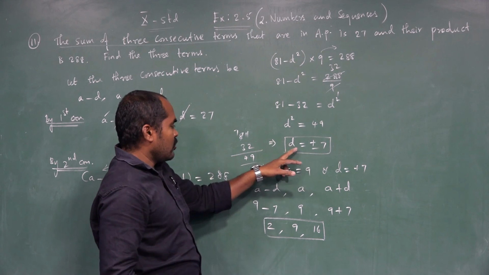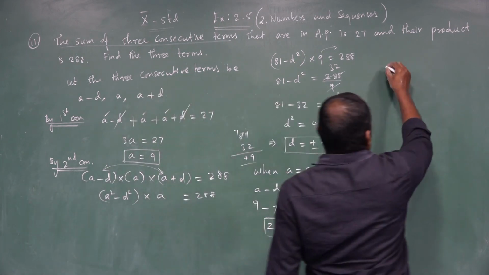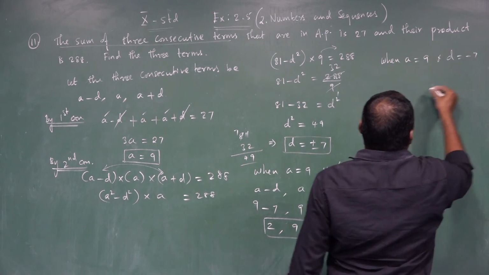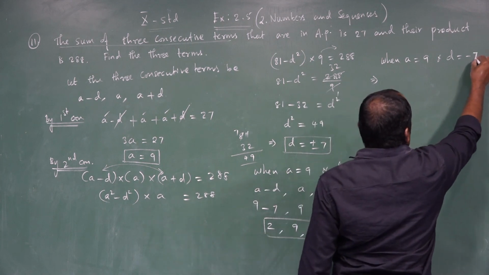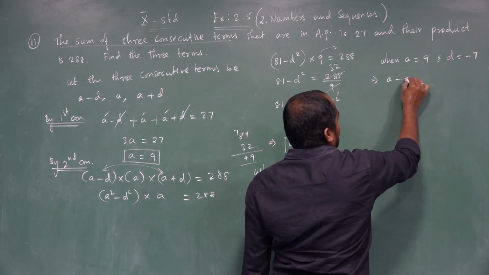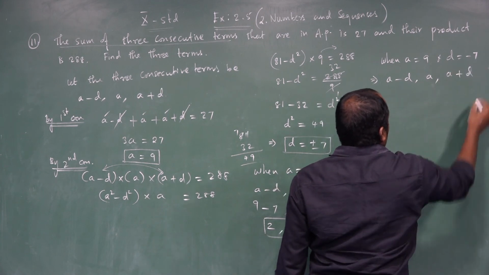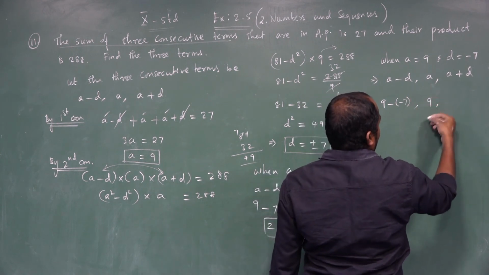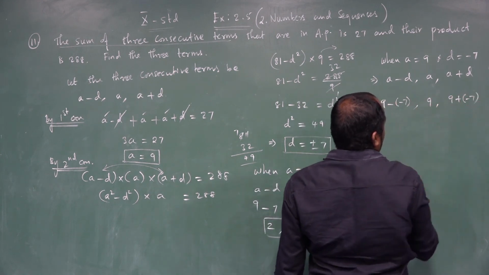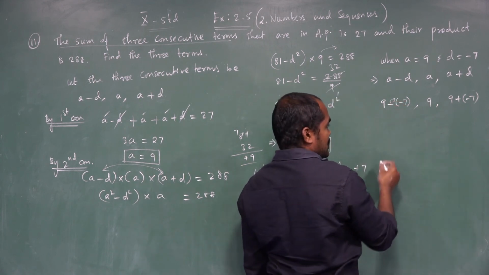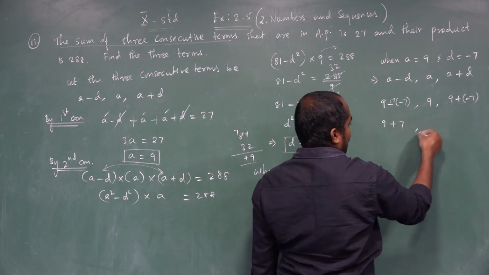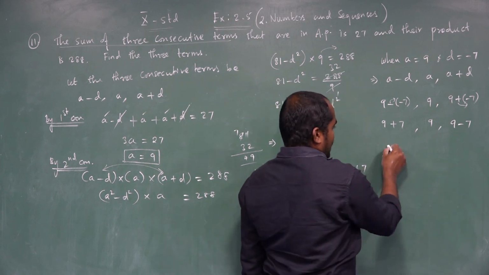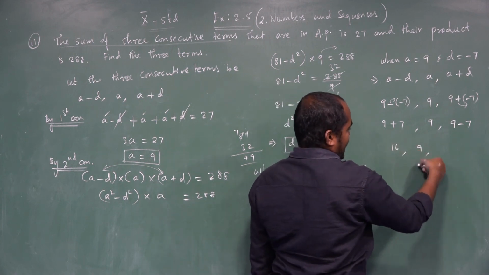Then substitute d value minus 7: 9 minus of minus 7, 9, 9 plus of minus 7. Minus into minus is plus, so 9 plus 7 is 16, 9, and plus into minus is minus, so 9 minus 7 is 2.